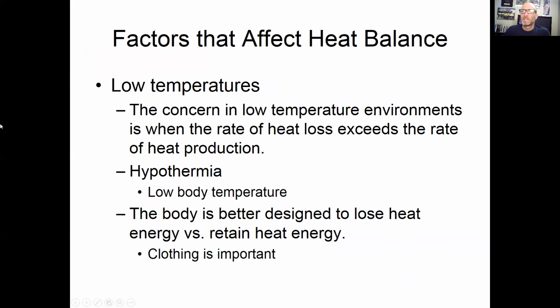So factors that affect heat balance, low temperatures. The concern in low temp environments is when the rate of heat loss exceeds the rate of heat production. Hypothermia is low body temperature. The body is better designed to lose heat energy versus retain heat. And clothing is important. Now, I am interested in cooler temperatures when I'm dealing with swimming and triathlon. That's partly why we wear a wetsuit.